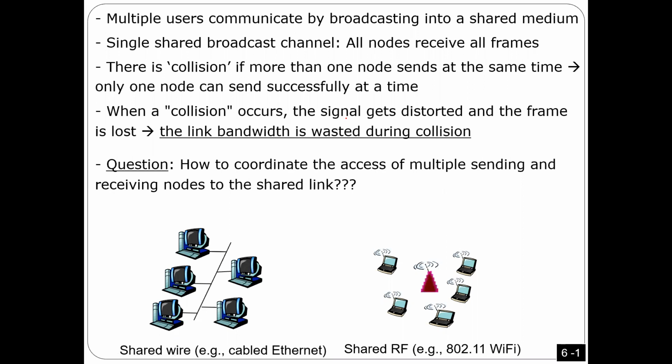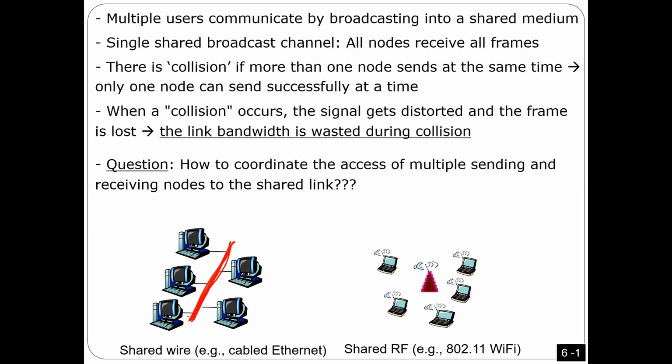In some networks, for example in the case of a bus in this LAN, we have a shared bus. In many situations, we have a shared transmission medium. For example, we have a cable here connecting these computers together.